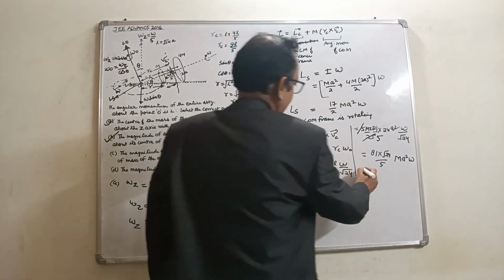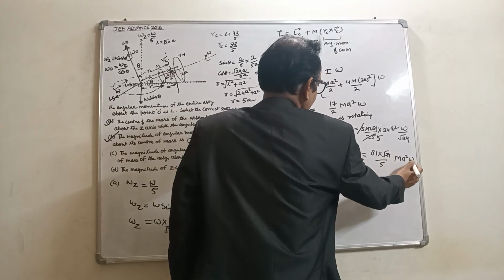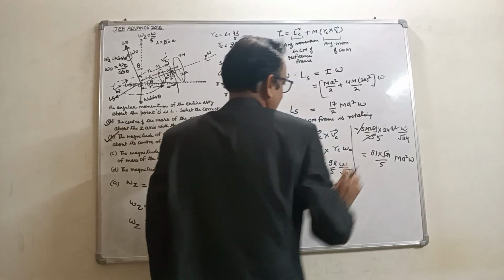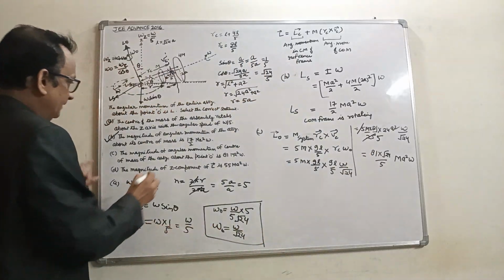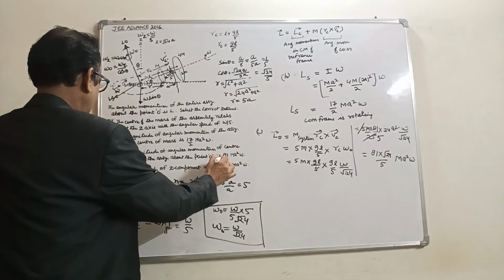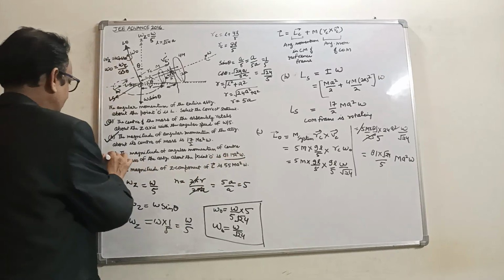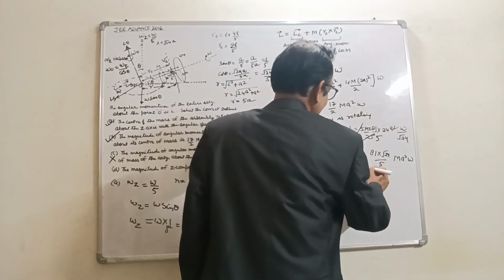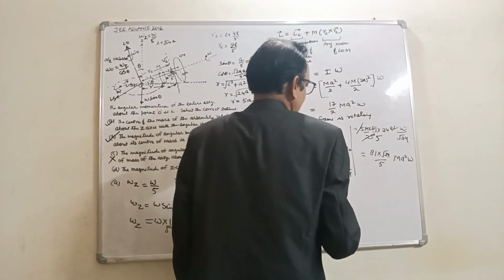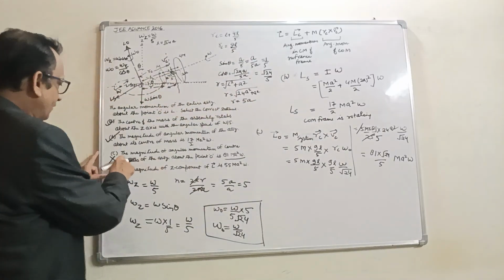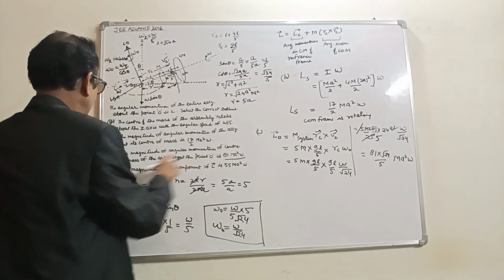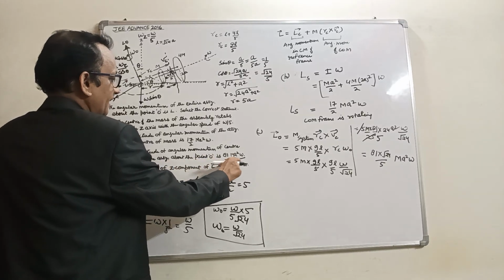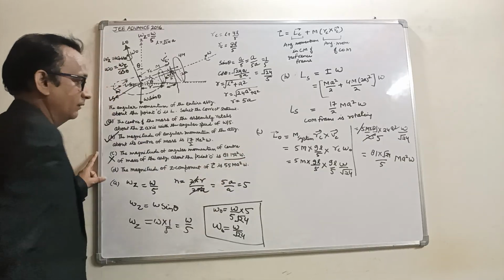This value is less than 81 ma square omega, because this is approximately equal to 81 ma square omega, but the option says the magnitude of the angular momentum of the center of mass of the assembly about point O is 81 ma square omega. So this option is wrong.